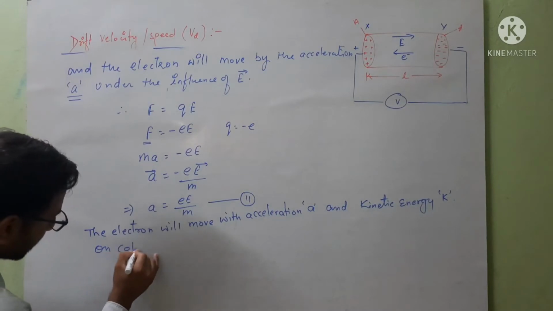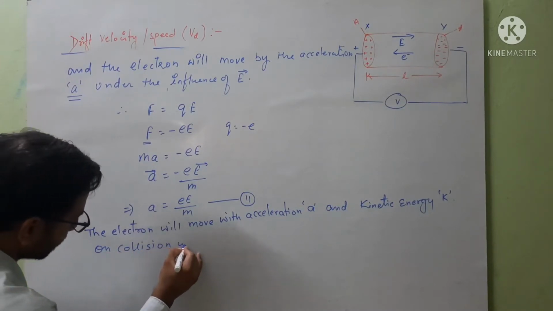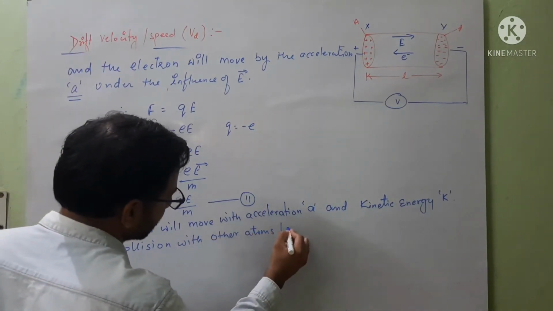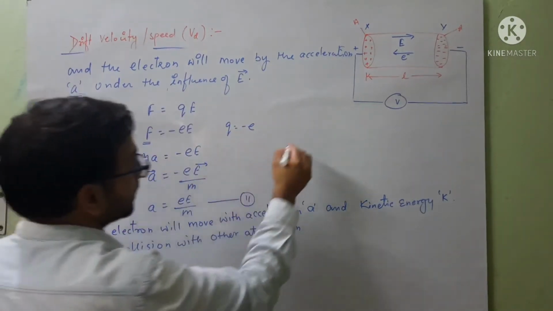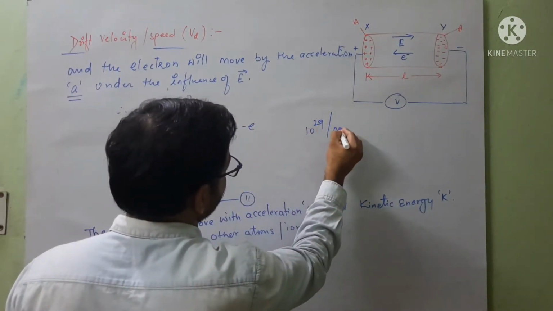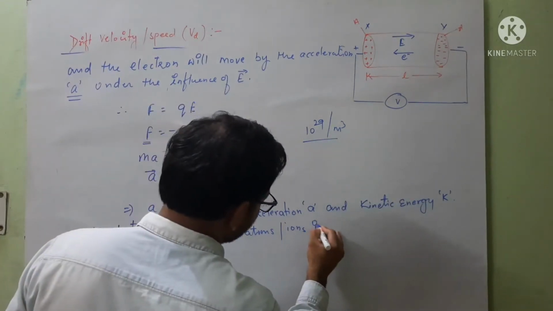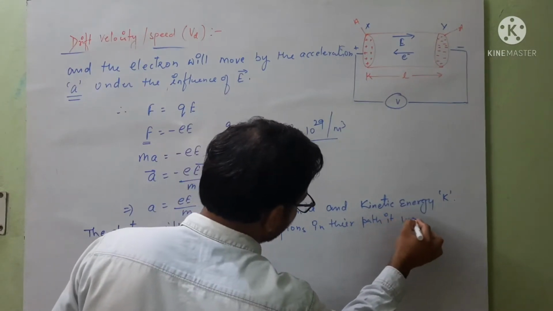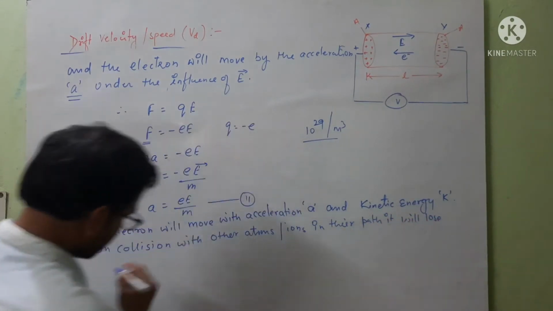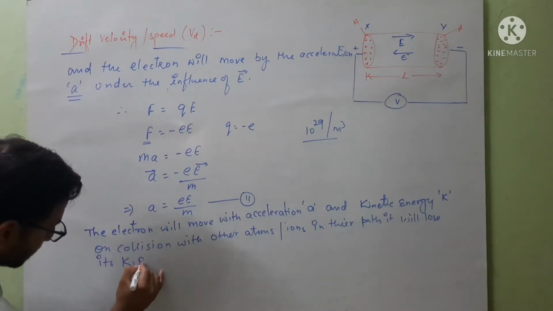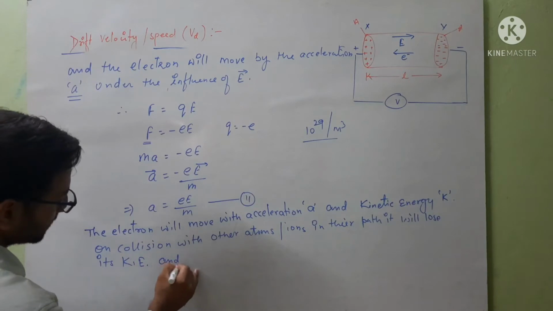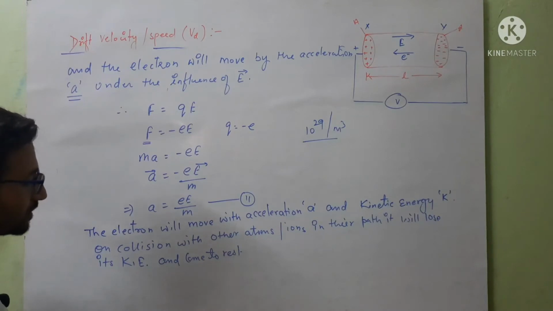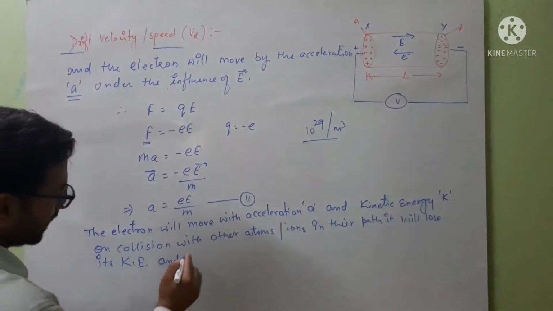On collision with other atoms or ions, as I have discussed here, the density is very high, ions in their path, it will lose its kinetic energy, got it, and come to rest, or you can say the motion stops.